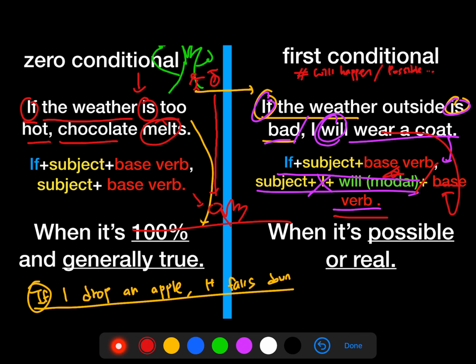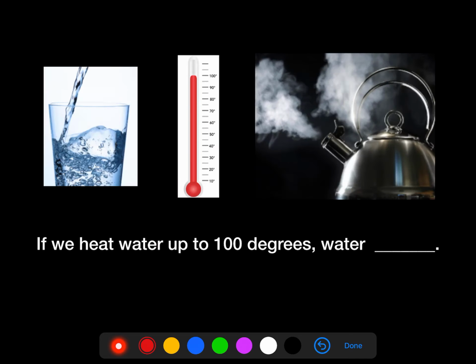Okay, now let's practice slowly and thoroughly. Good. Let's read the example first. If we heat water up to 100 degrees, water... One more time.